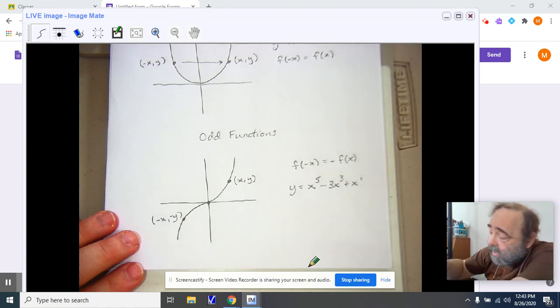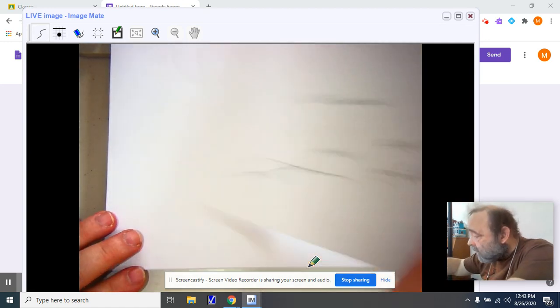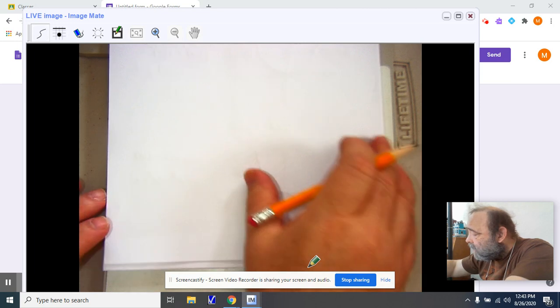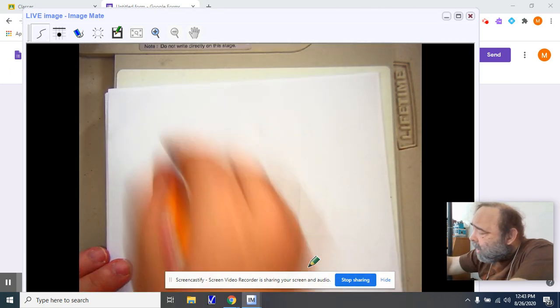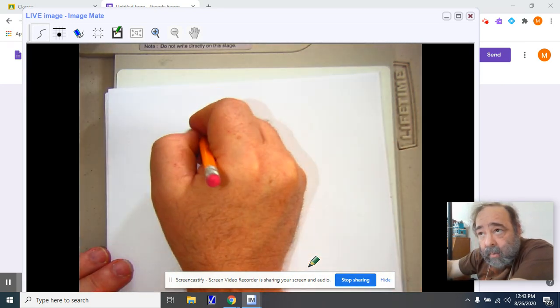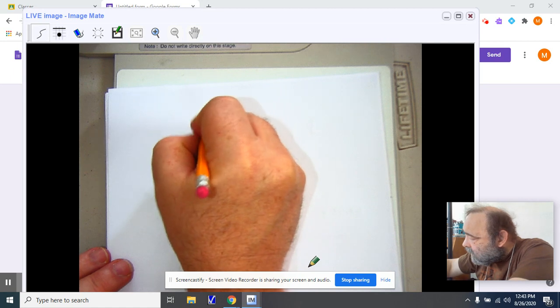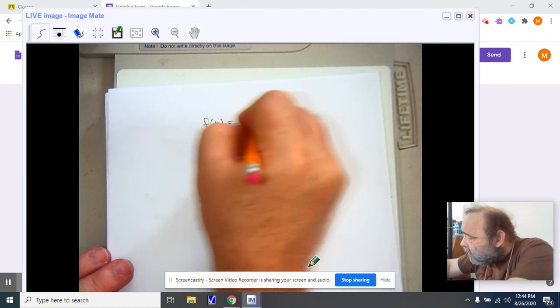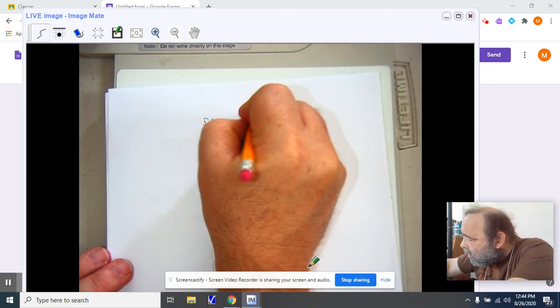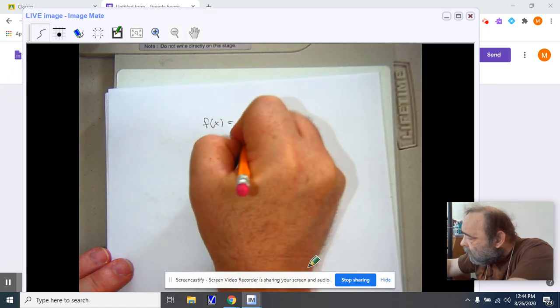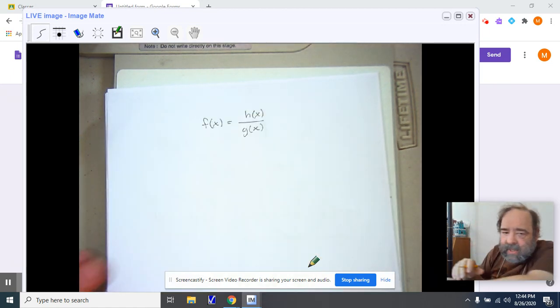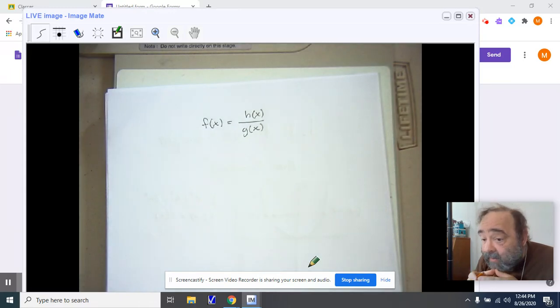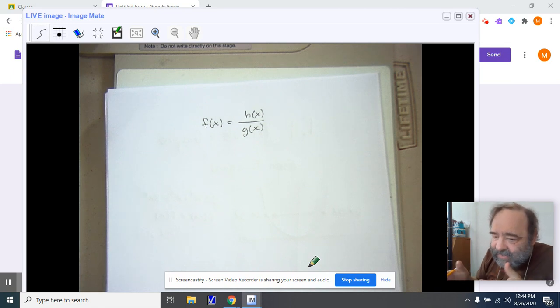Now we have to be very careful, hornets, because when we start talking about rational functions, such as f of x being made of two functions, one in the numerator and one in the denominator, it often helps to think about the odd function as having a negative result. That's because the negative comes out from the f of x and it gives me a negative f of x.